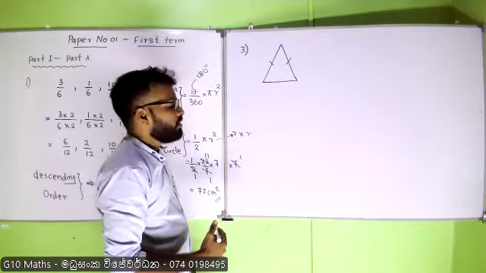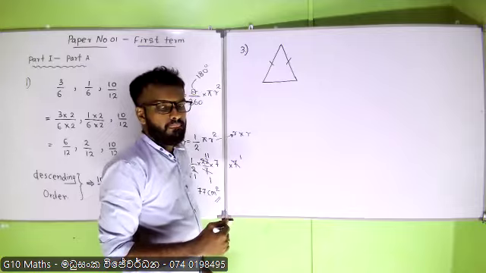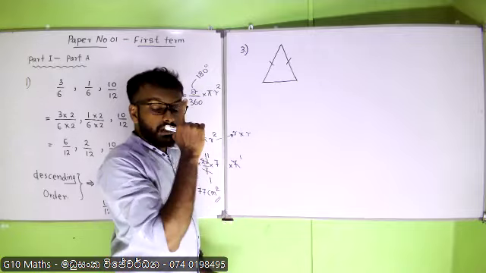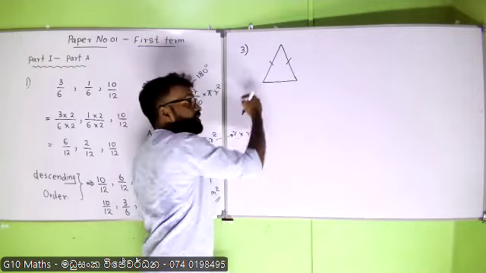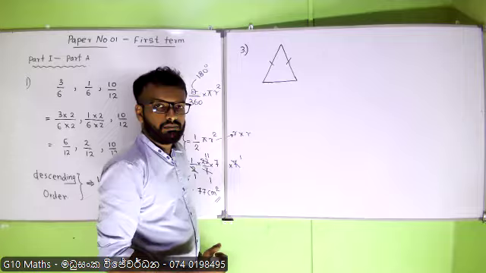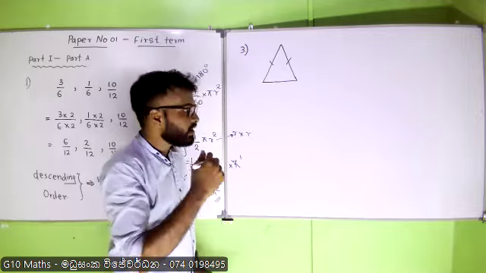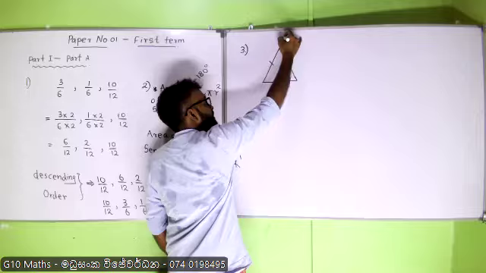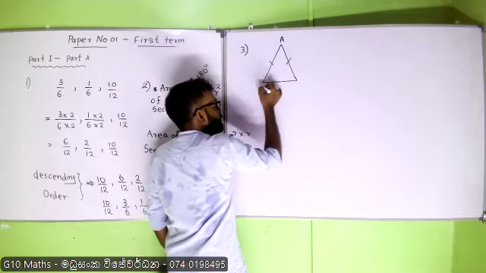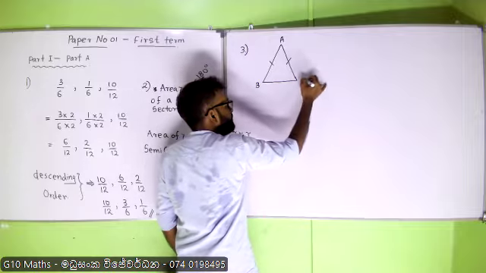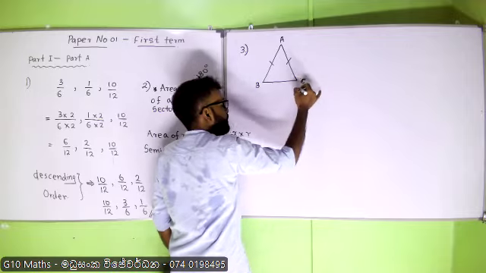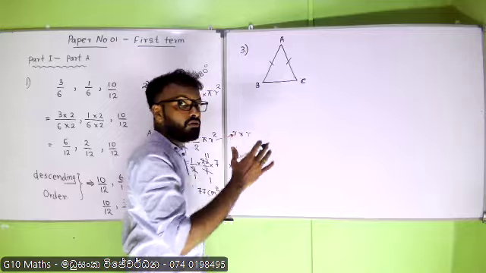Then what happens? The angles opposite to these equal sides are equal. So if I say this is A, this is B, and this is C, this is the background of this question.